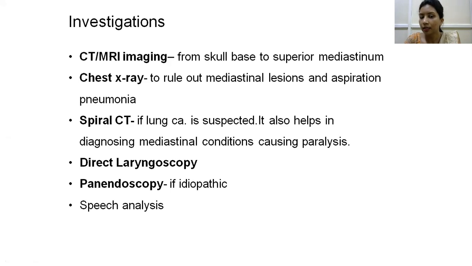So what is a pan endoscopy? Pan endoscopy is nothing but endoscopy done from the nose to the bronchus and also the esophagus. It has multiple components. It usually comprises nasopharyngoscopy, the examination of the nose and the nasopharynx, one.